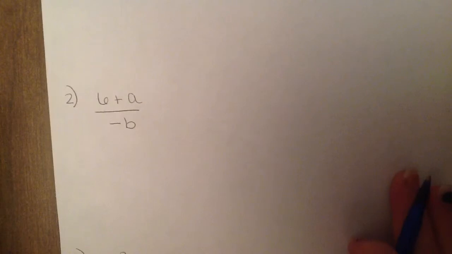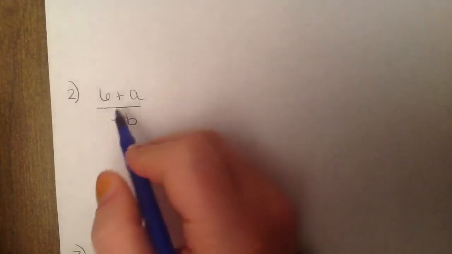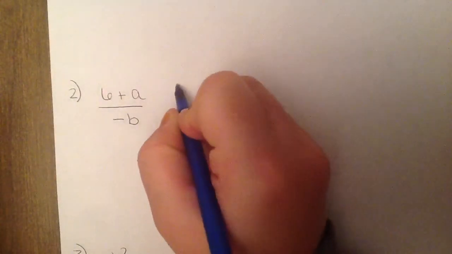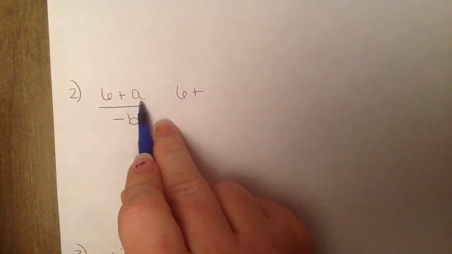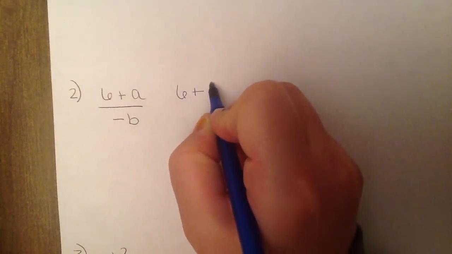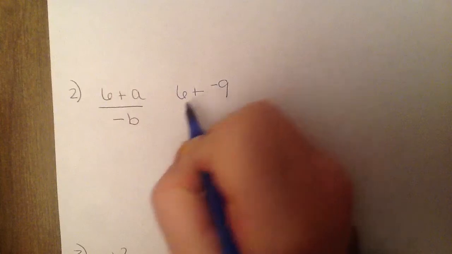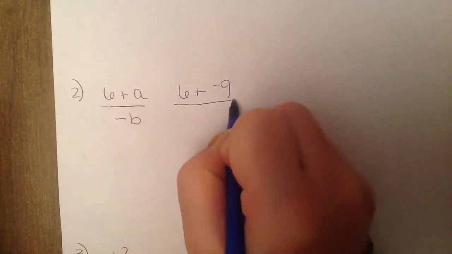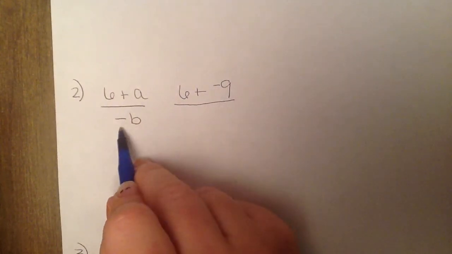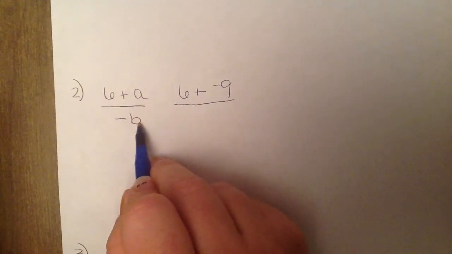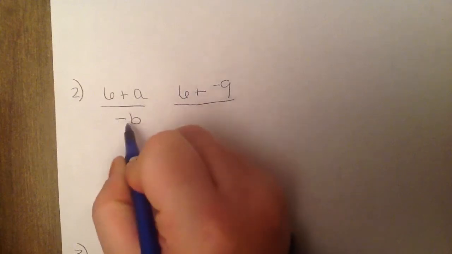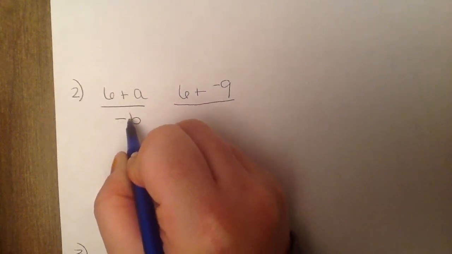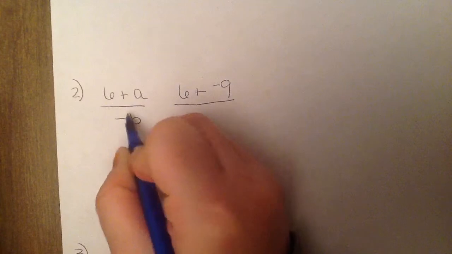Okay. Again, we have to plug some things in. So I have 6 plus, instead of a, we are going to put, again, a -9. Draw in my fraction bar. And for this negative b, what number is hiding in front of b here? A 1.